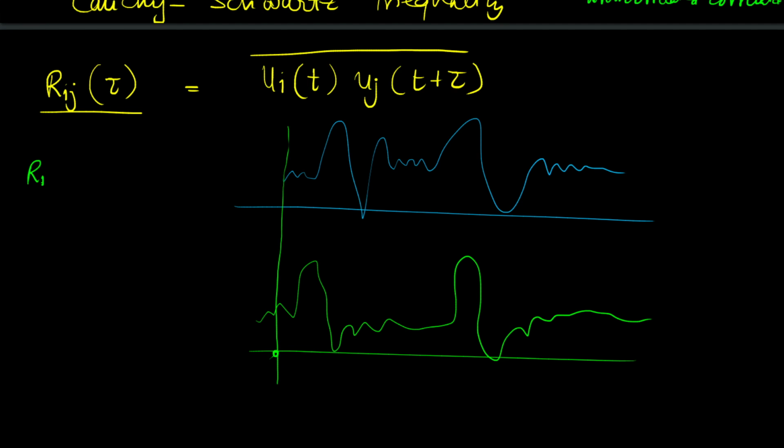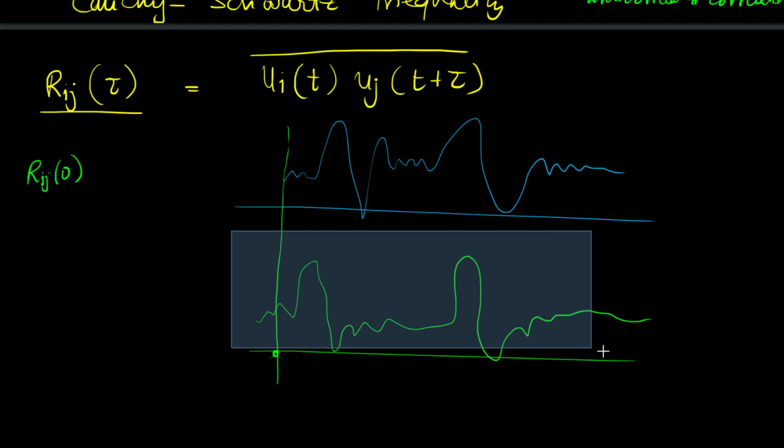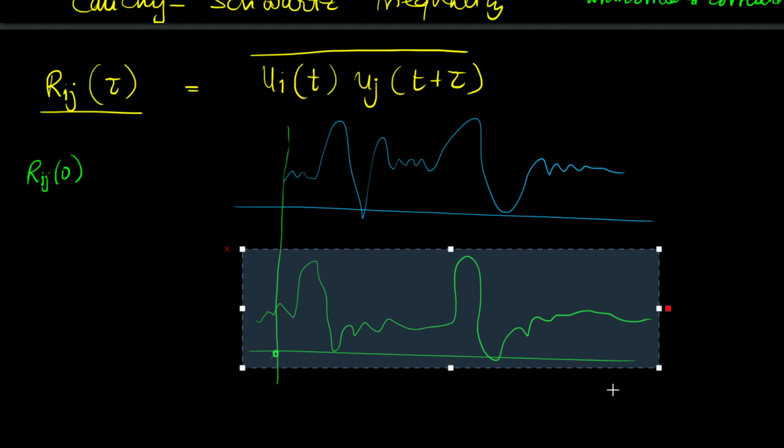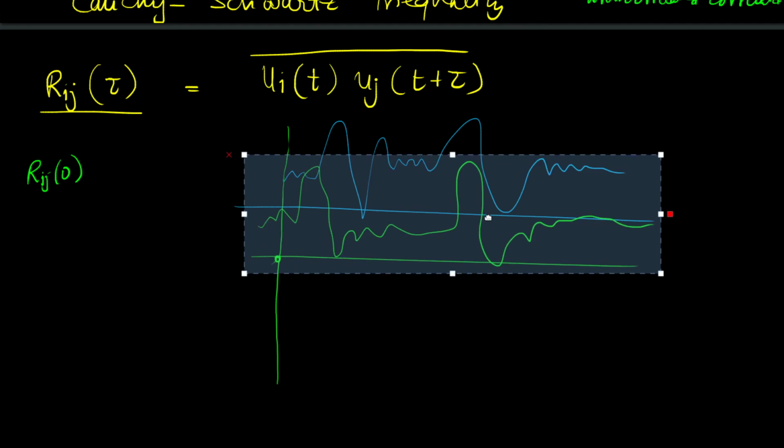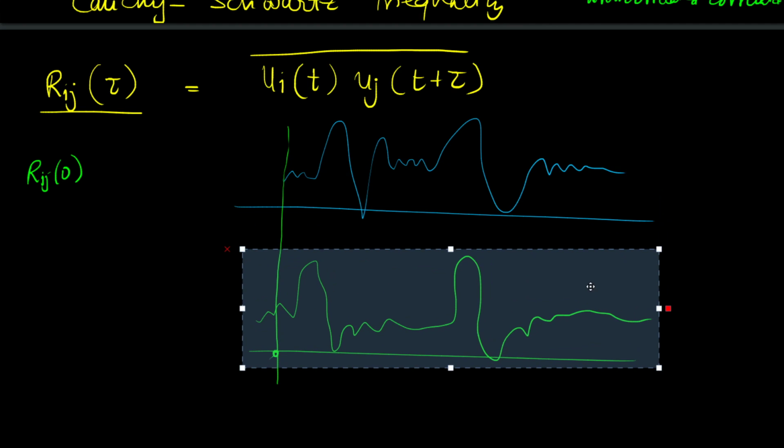So Rij for 0, you just multiply these two things and take a time average. You can do that, because in the last class we have seen that taking a time average is also tantamount to taking an ensemble average. I don't want to go into the details of it, but we did this yesterday.